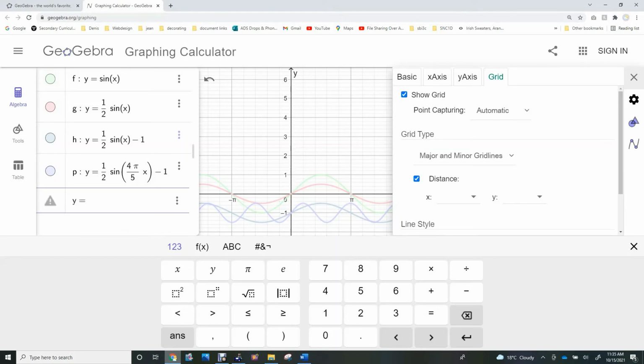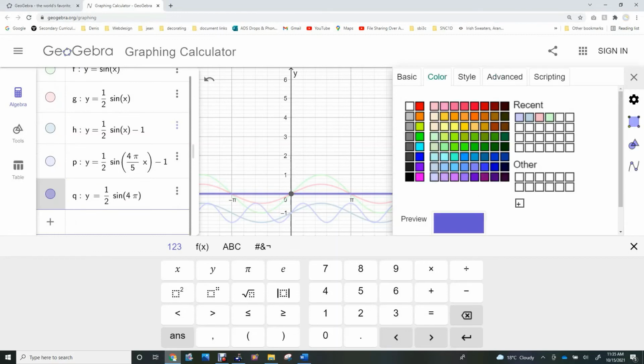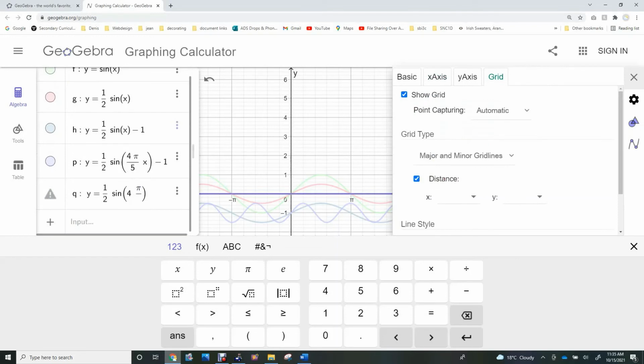So we always have to write it with its opposite value. So y equals 1 divided by 2 sine 4 pi divided by 5.